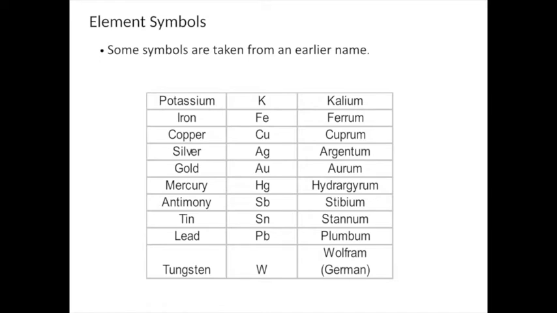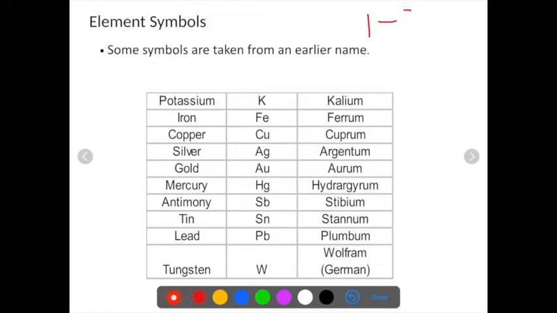Okay, you don't need to know their previous names. I just want to show you why they have the symbols they have. So you do need to know their current names and their symbols. So start working on those. I always tell people start working on the names and symbols of elements 1 through 36. Let me write that down here. So 1 through 36, so that's going to be hydrogen through krypton.